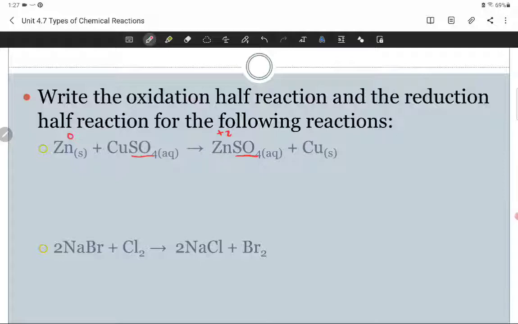Because the polyatomic ion doesn't change from left side to the right side, I know that the oxidation states are also not going to change with sulfur and oxygen that are in SO4. So I could go and visit what those oxidation states would be, but I think we can leave those out.